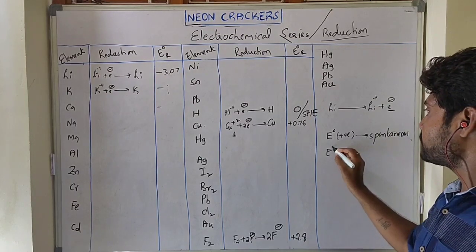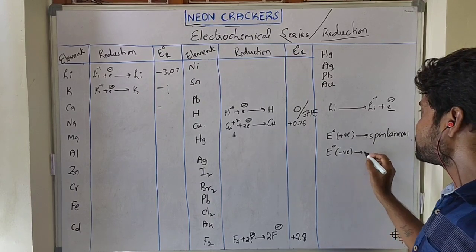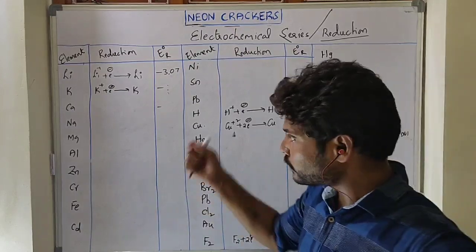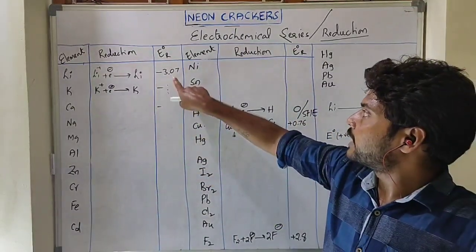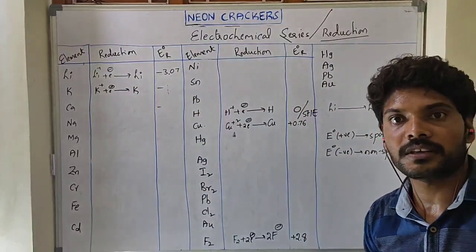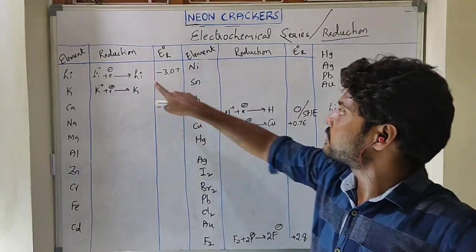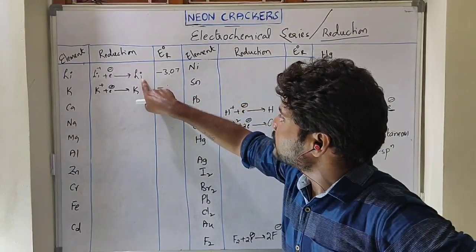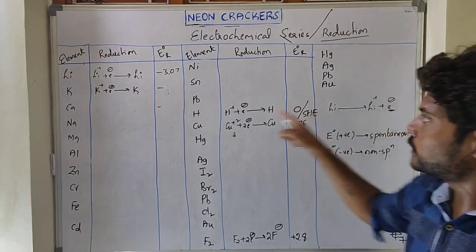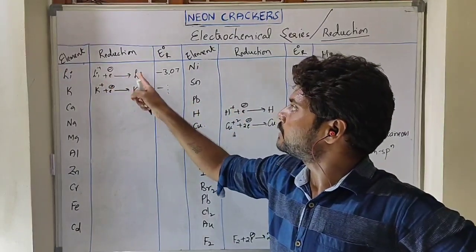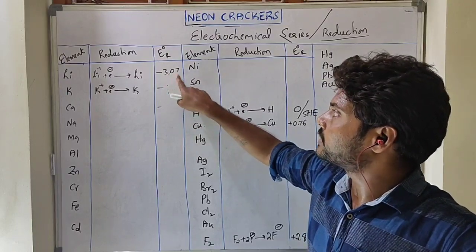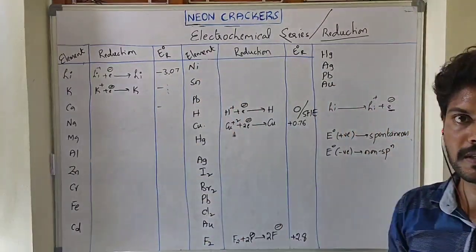If the potential becomes a negative value, the reaction is non-spontaneous. So this is a negative potential value, so the forward reaction is non-spontaneous, because lithium forms lithium plus very easily. That is the spontaneous reaction. So if you write the reverse reaction, lithium to lithium plus, the potential becomes positive, plus 3.07, and that reaction would be spontaneous.